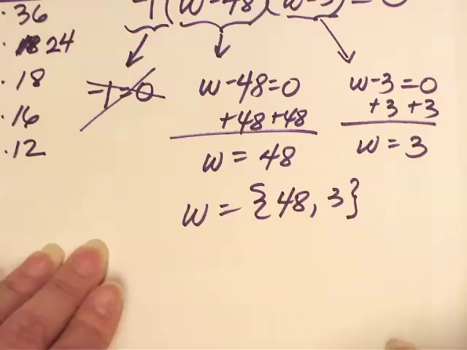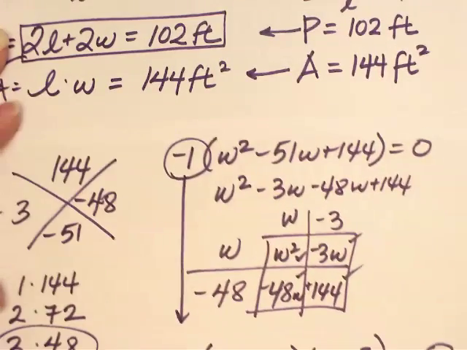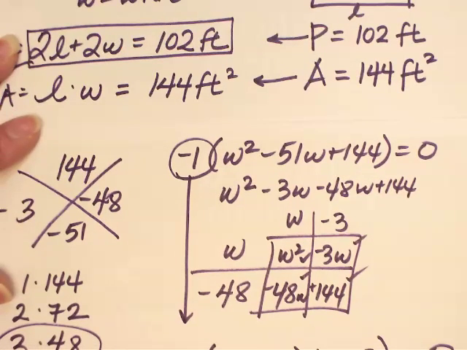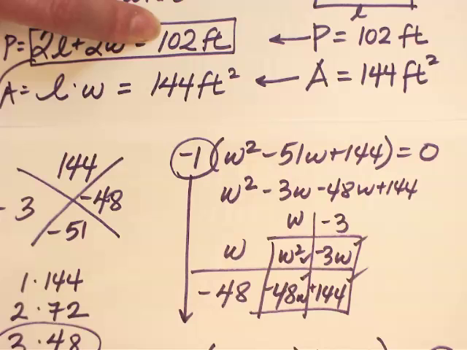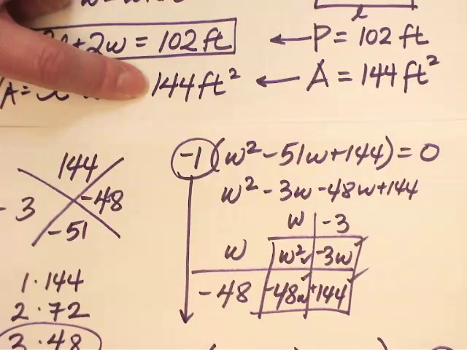So I'm going to go back to my original problem. The original problem was length and width. I need something whose length and width will give me a perimeter of 102, yet an area of 144. So I'm going to try that and replace.